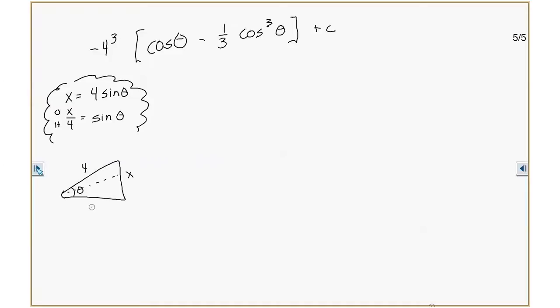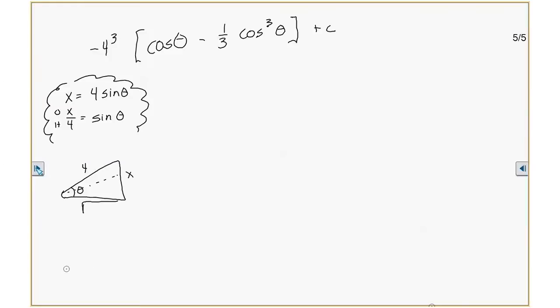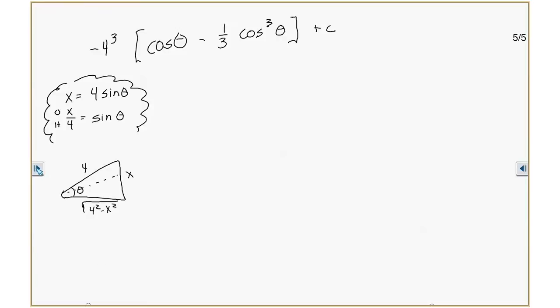So if we wanted to find out what this was, the adjacent side, what would it be? It'd be square root what? 4 squared minus x squared, which we know in the beginning of the problem is what we were doing, but this is just a way to check it. Okay? So that's the way to check it.